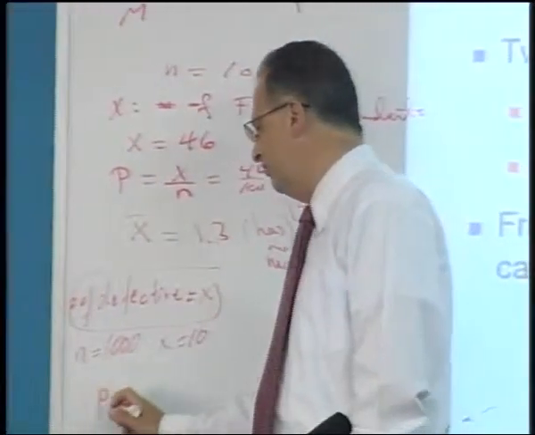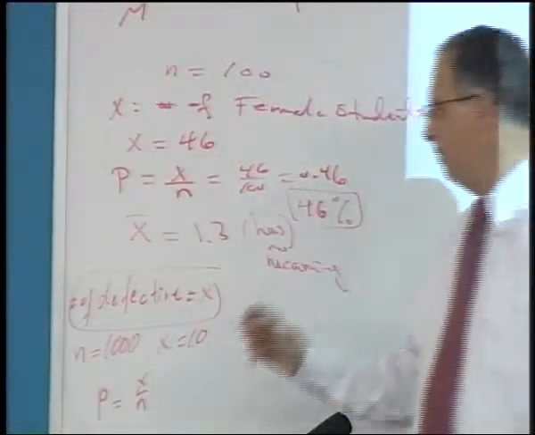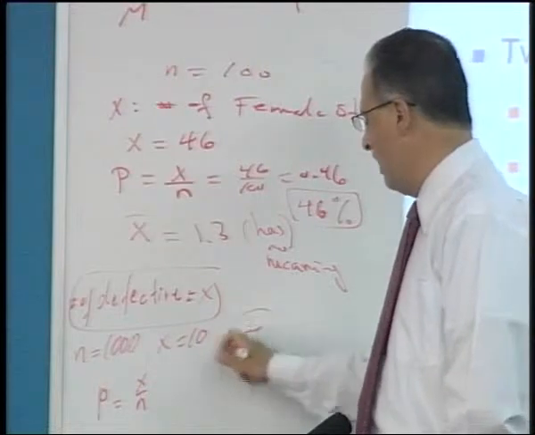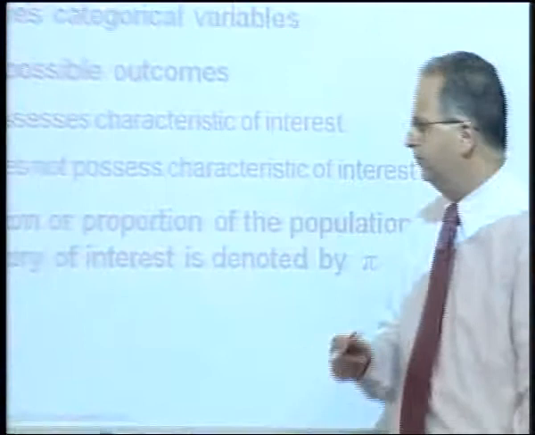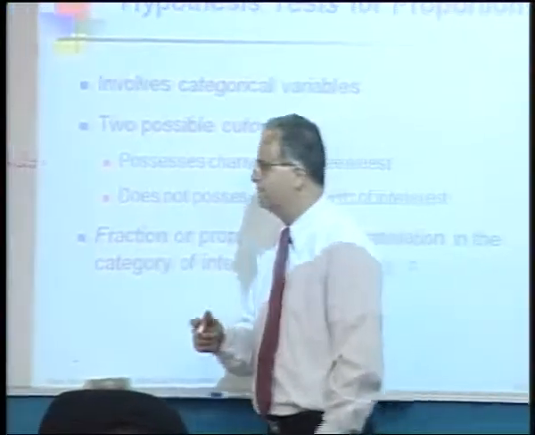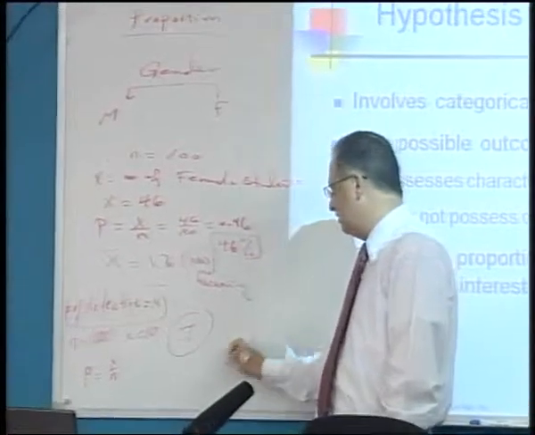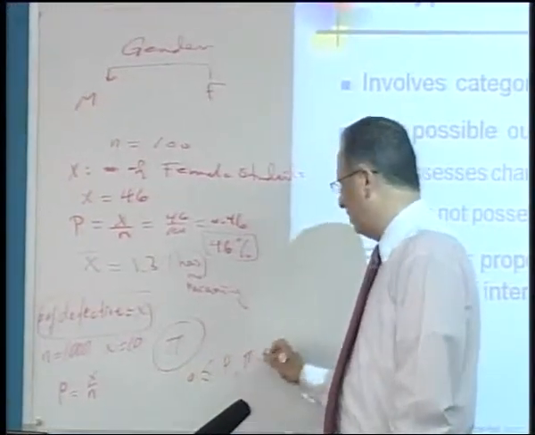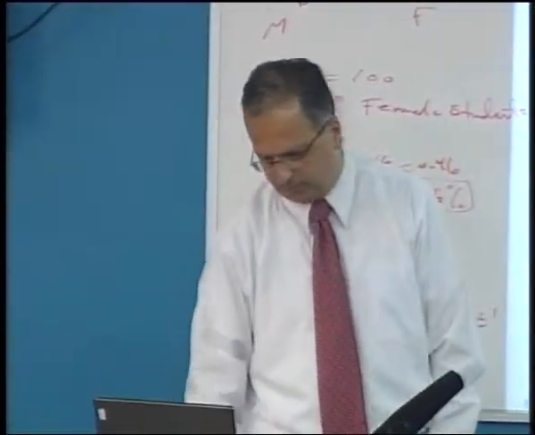So the proportion of defective in this case is X over N. And we are interested in the population proportion, as we mentioned before, which is pi. So pi is the population proportion. And actually, this P or pi ranges between 0 and 1, so it never exceeds 1 or goes below 0.